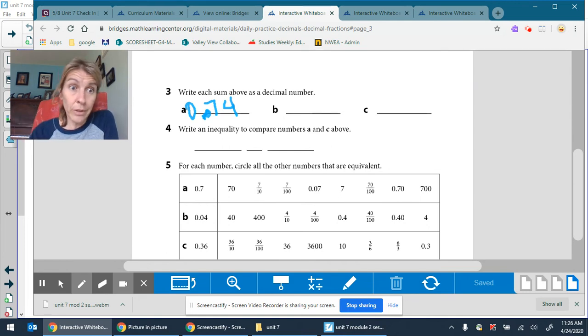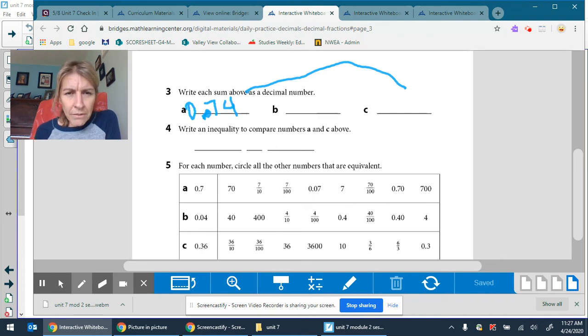So it's 74 cents, 74 hundredths. That's how you write it. And again, do the same thing for 2B and 2C, carry it down. Write an inequality to compare numbers A and C. So you guys, whatever you get for C here, they want you to compare it to 74 hundredths and tell me which one's greater.